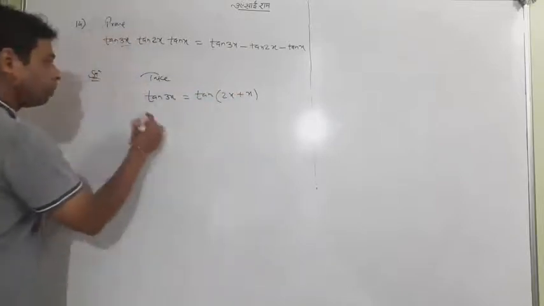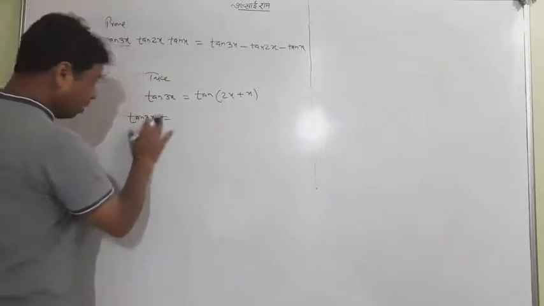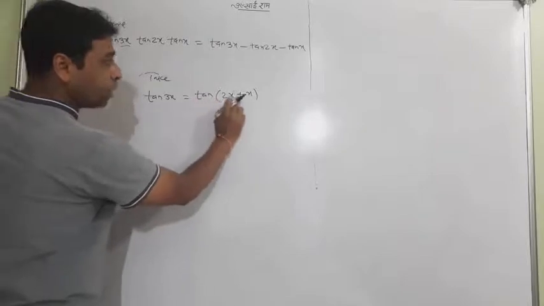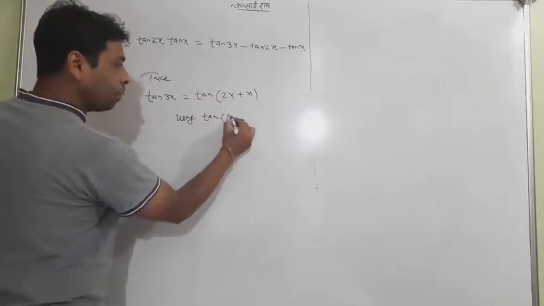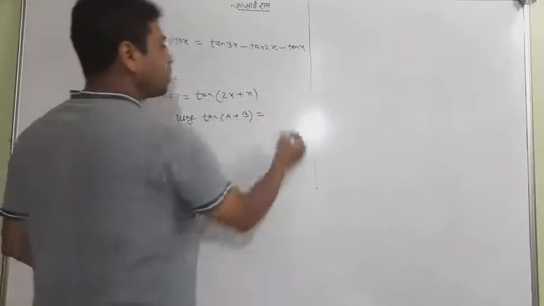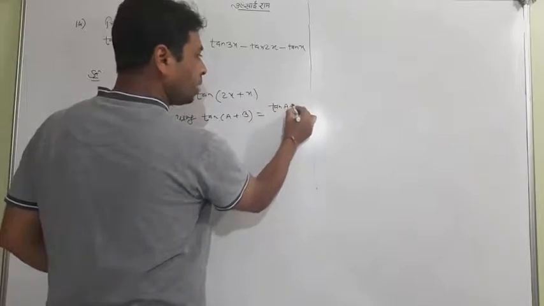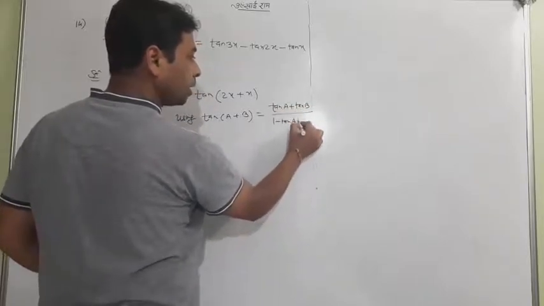So tan of 3x, this is looking like tan(a plus b). Using the tan(a plus b) formula, the formula is tan a plus tan b upon 1 minus tan a tan b.